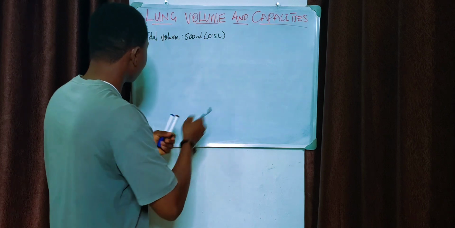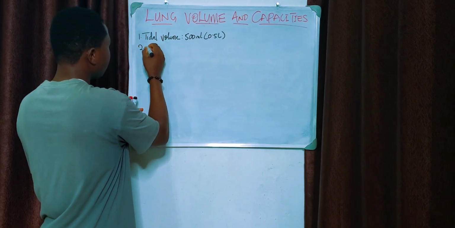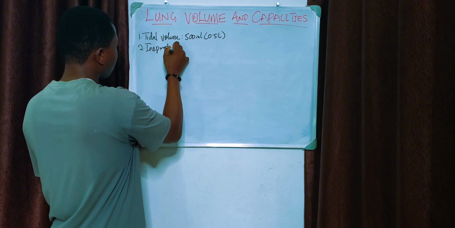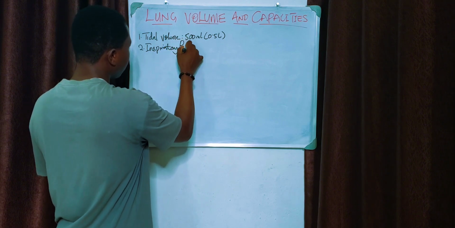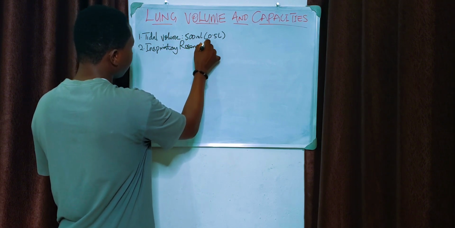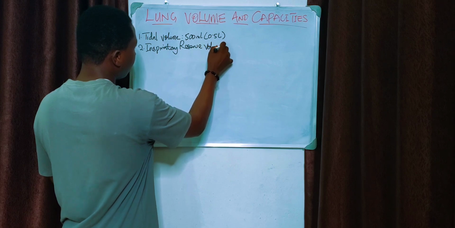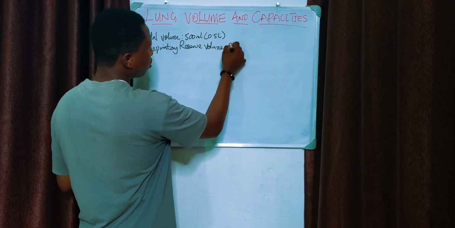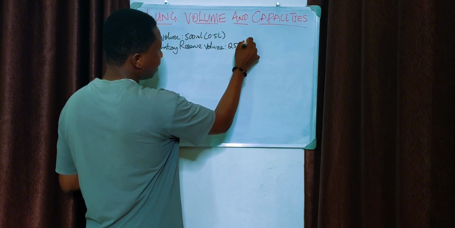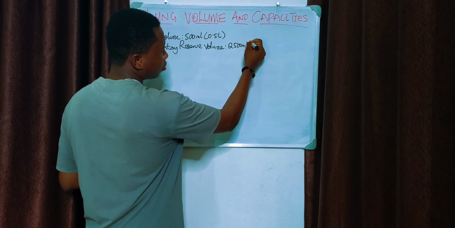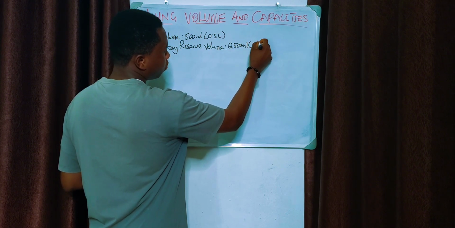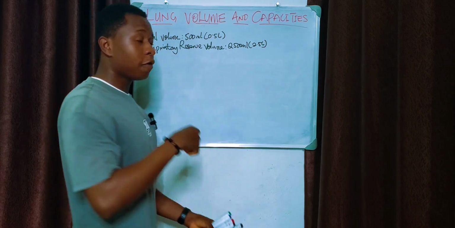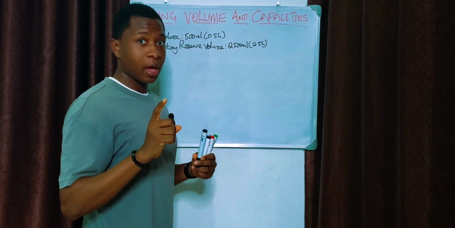The inspiratory reserve volume is about 2,500 milliliters, which is equivalent to 2.5 liters. So this is when you forcefully take in air.